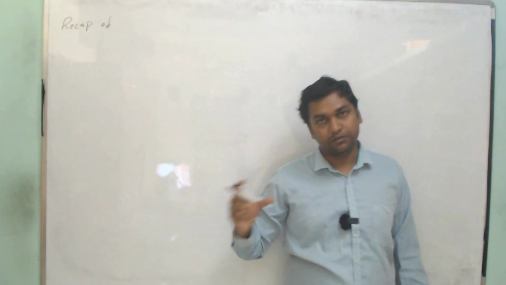So I can write it as Q times of minus delta V. So comparing these two equations, we can come to one conclusion saying Q times of minus delta V is equal to Q times of E bar dot R bar. That means minus delta V is equal to E bar dot R bar.